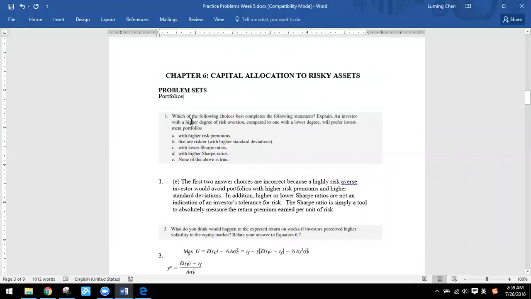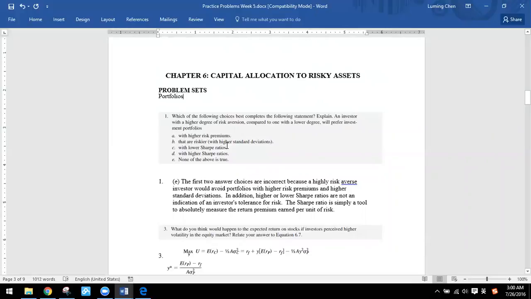If the investor averts the risk, he will not invest in higher risk premium portfolios or riskier portfolios, so A and B are not right. And C, with lower Sharpe ratios, with higher Sharpe ratios.